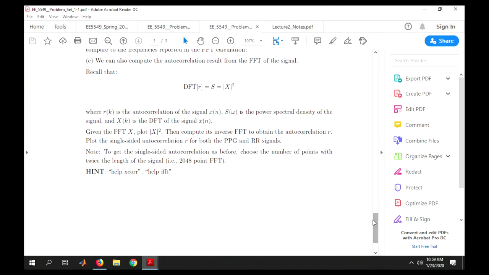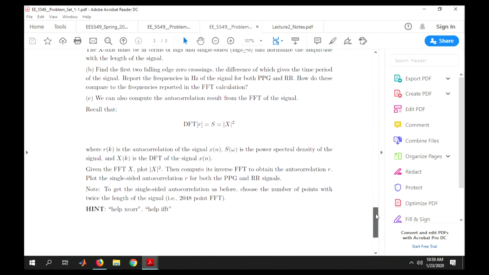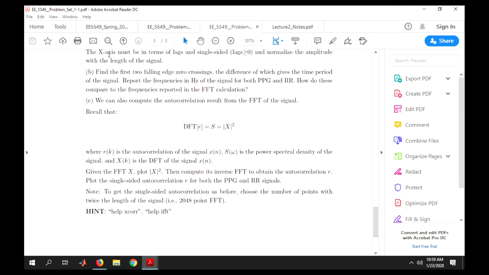In part C, this is a roundabout way of doing it. Take the DFT, multiply by the conjugate, get the magnitude squared, take the inverse FFT, and then compute R and see if that R looks similar to the R you got in part A. That will simply verify the relationship between the power spectral density and the autocorrelation sequence.